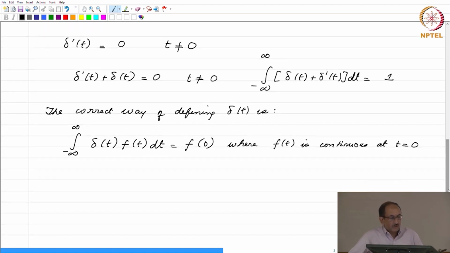This is how delta t should be defined. Any function that satisfies this is the delta function.